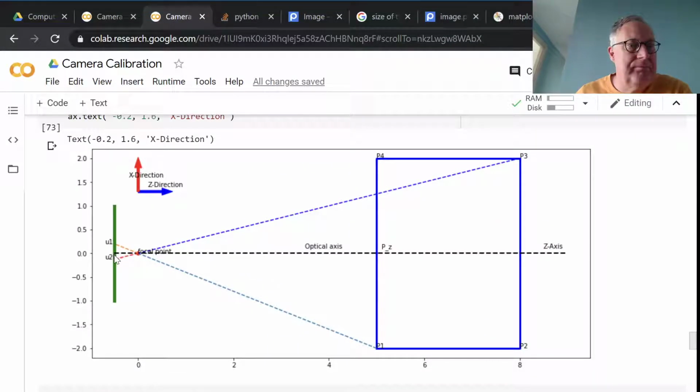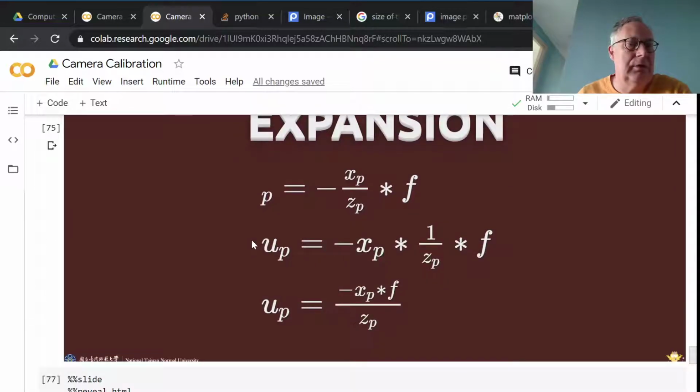So the only coordinates that are going to be affected by the perspective distortion are the x and y coordinates, not the z coordinates. Once I project it onto an image plane, this distance from the image plane to the focal point is going to be fixed, right? That depends on the camera. So I don't get any more information from that particular point.